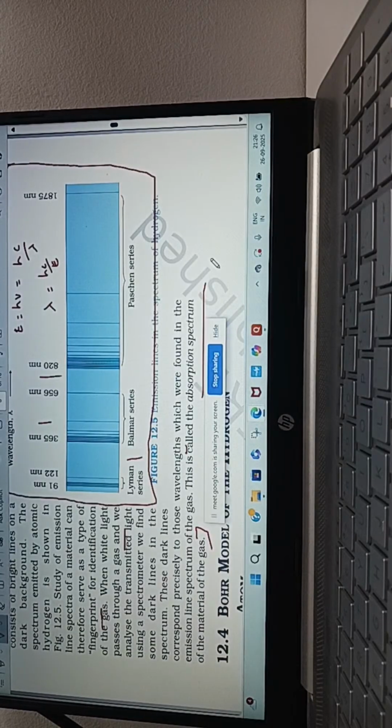Those dark lines appear because that energy got absorbed. Such a spectrum we call absorption spectrum. Emission spectrum means when the transition of electrons takes place from higher energy level to lower energy level. That is called emission spectrum.